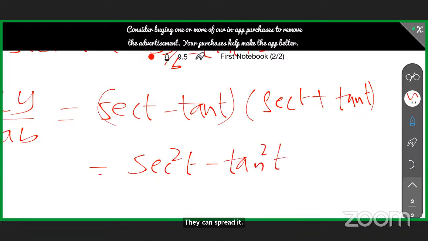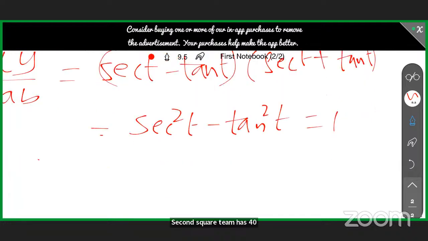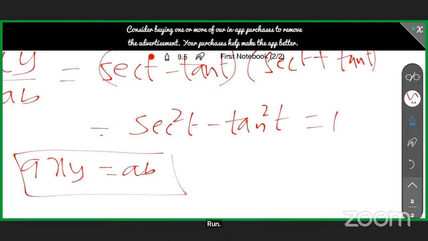We know that sec square t minus tan square t is equal to 1. Therefore 9xy is equal to ab. This is what is called the locus of the centroid of the given triangle.